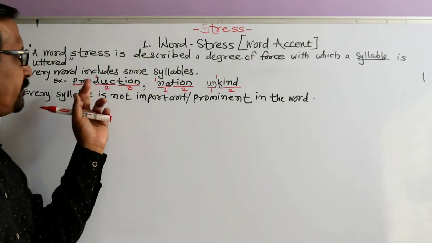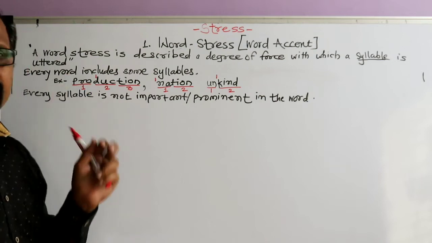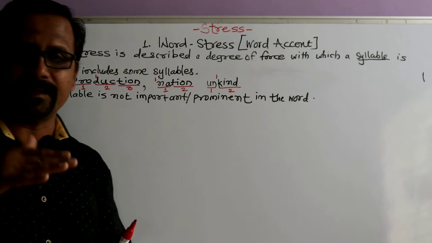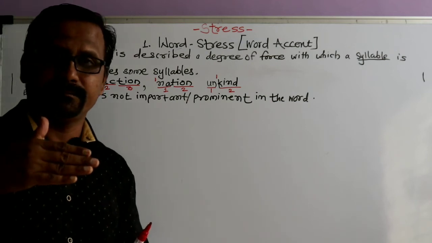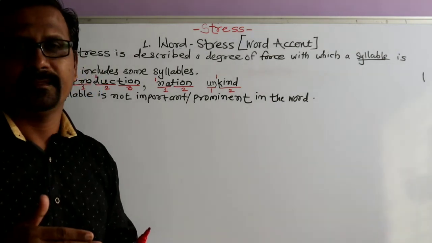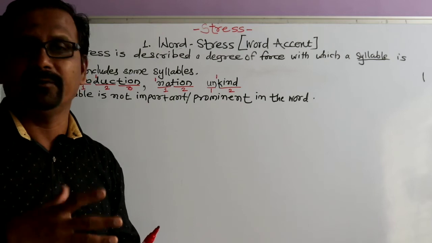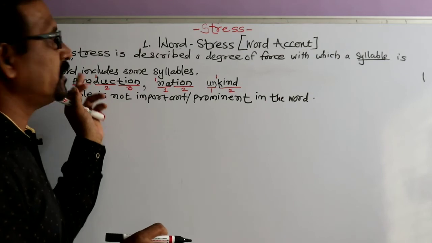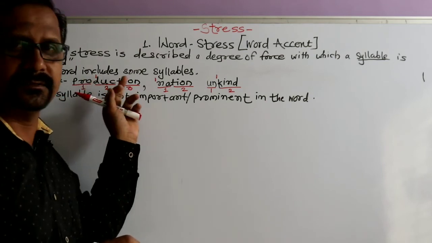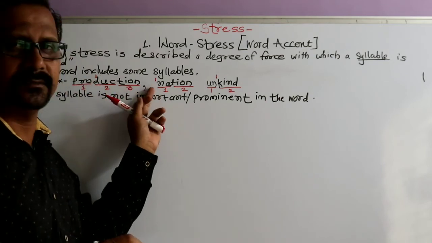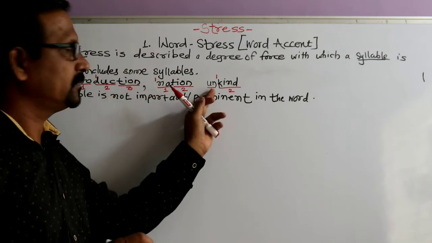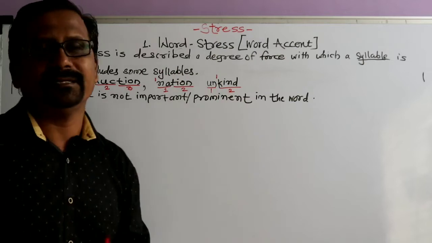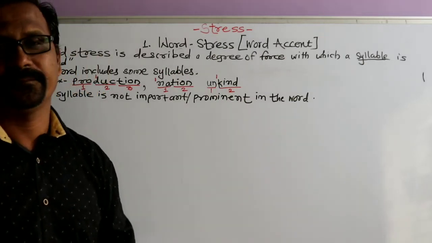In the first example there are 3 syllables, but only the second syllable is prominent. The second syllable is produced forcefully, with a louder voice, and it takes more time, as in production, nation, and kind. So the traced syllable is produced forcefully.